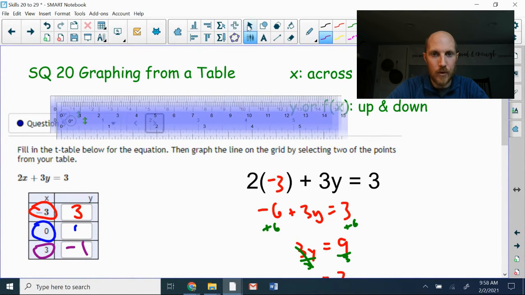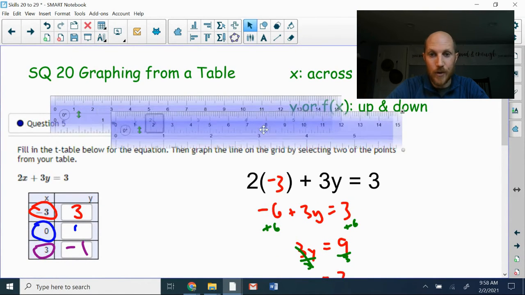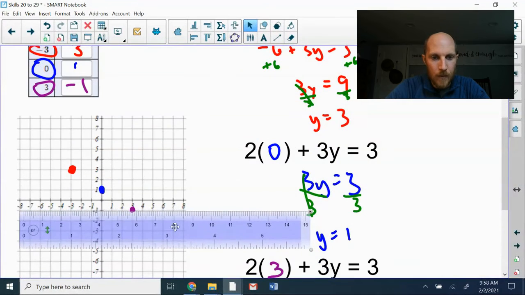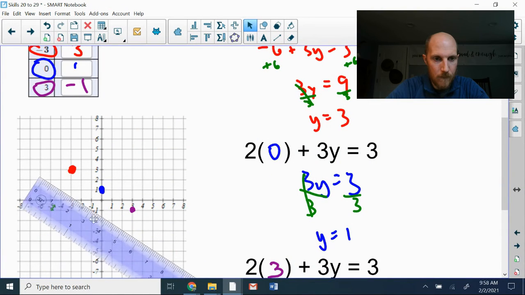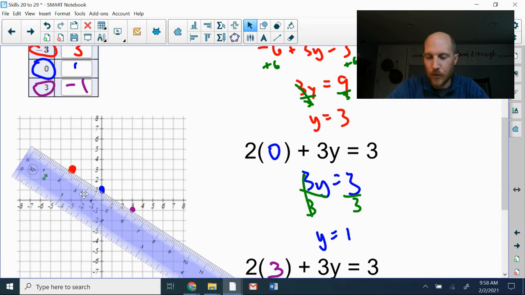Oh, my ruler is up here. Couldn't see it. Now I got 2 rulers. I should be able to just line up some sort of straight edge on the screen to say that, yeah, those do actually line up in a straight line. If they didn't, that would tell me that I'd made a mistake someplace, either in plotting the points or in calculating the numbers that went into the table in the first place. They should make a straight line.